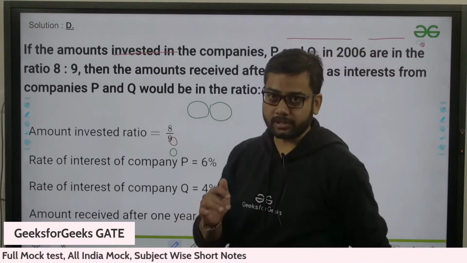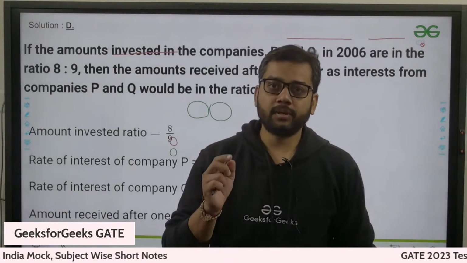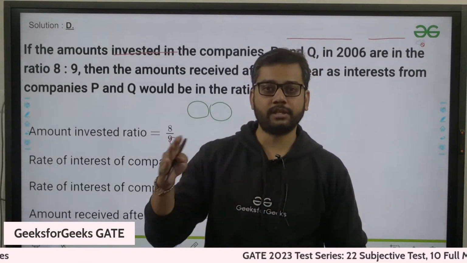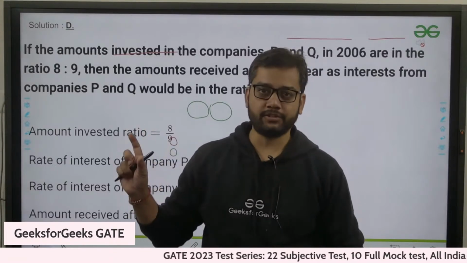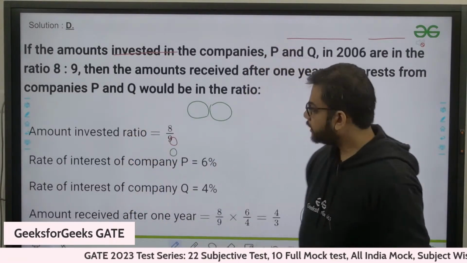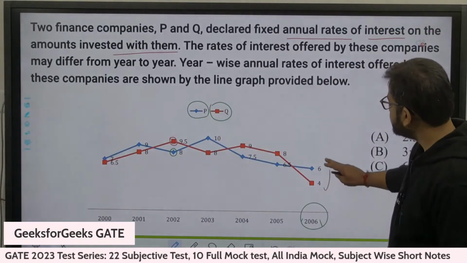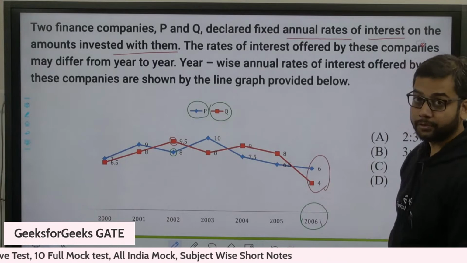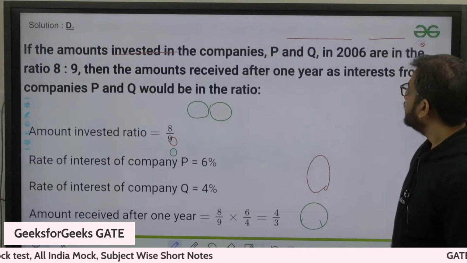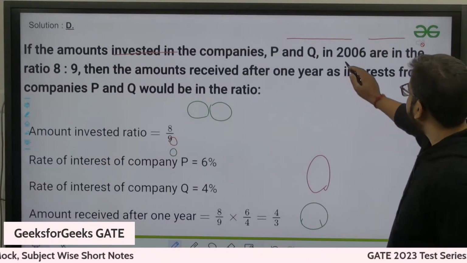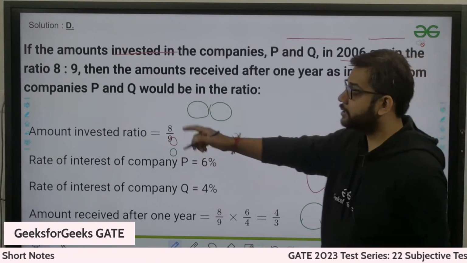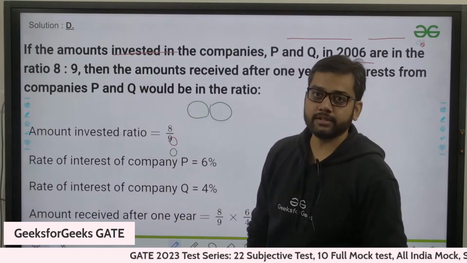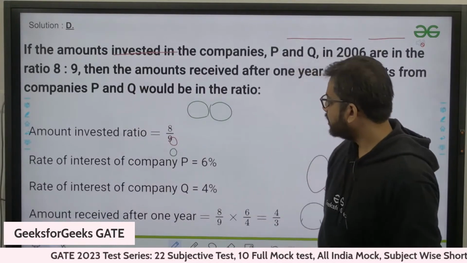The question is saying two firms have different rates of interest, and the data is given as a line chart. In 2006 the rate of interest of P is equal to 6, and the rate of interest of Q is equal to 4. The money invested in 2006 is in the ratio of 8:9.